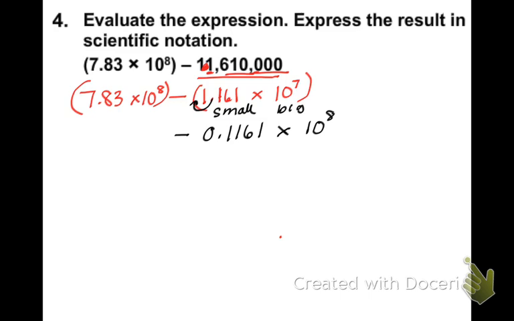Okay, and so now both of them are at 10 to the 8th, 7 and 8300ths times 10 to the 8th. And now what are we doing? Subtracting like terms.